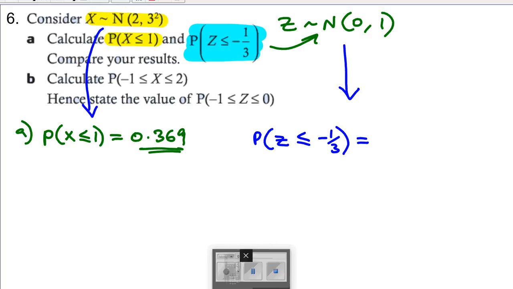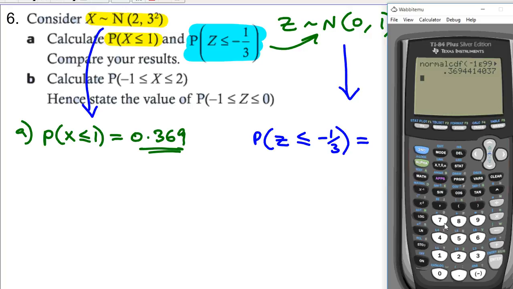So if you go onto your calculator, lower bound is that, upper bound is negative a third, mean is 0, standard deviation is 1.